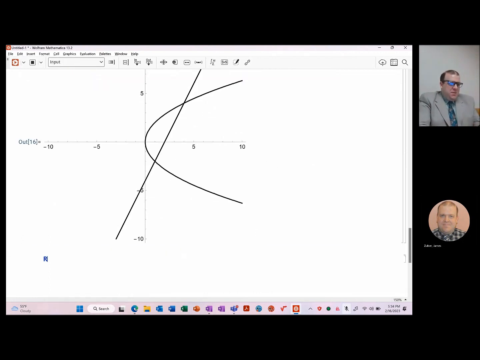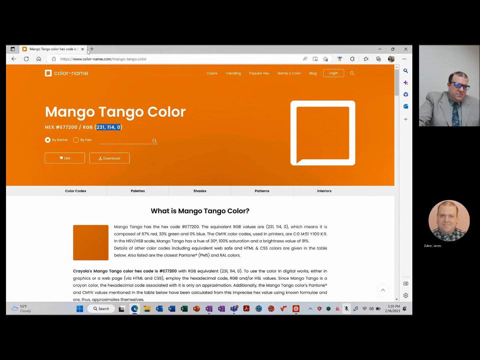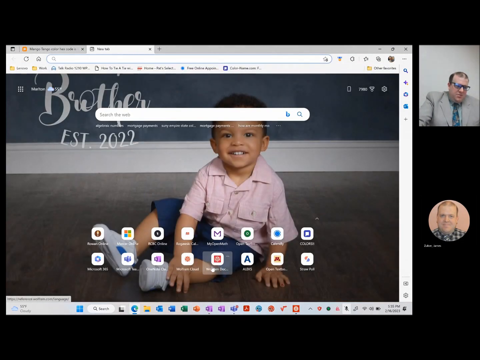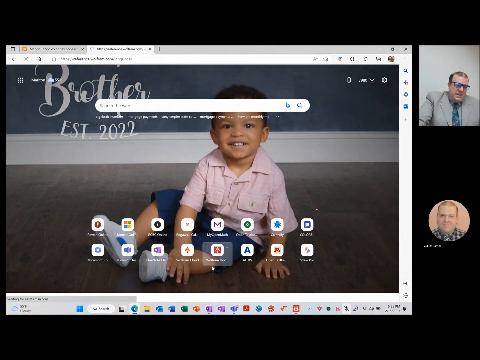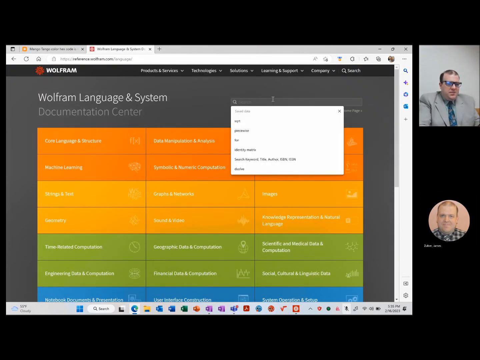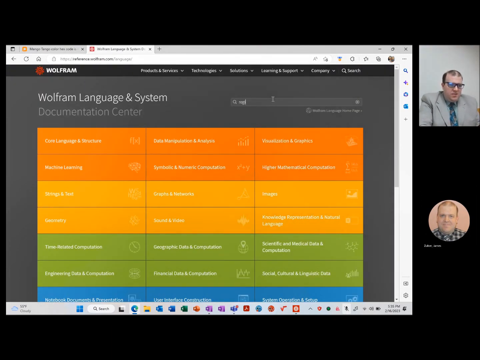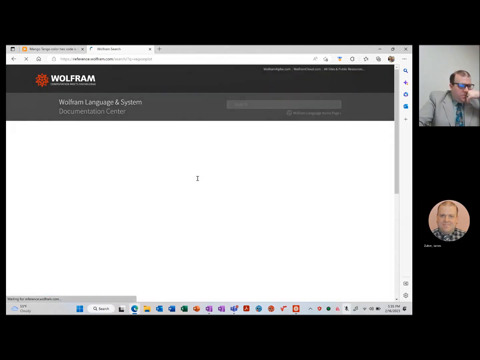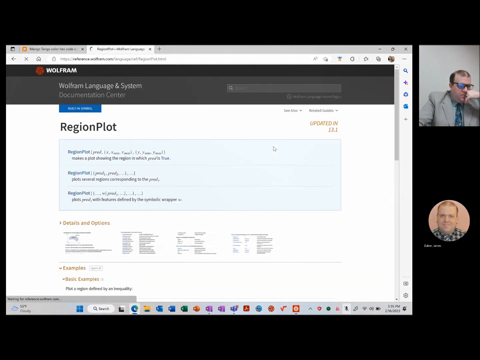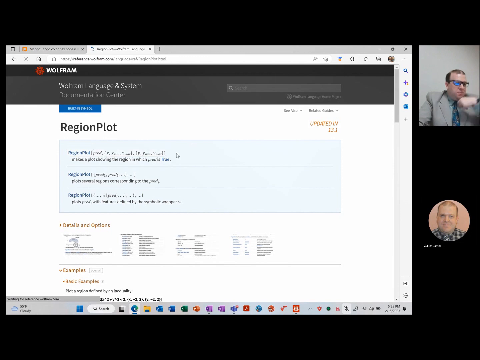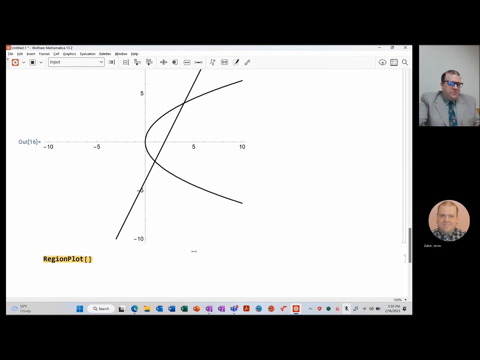I'm going to see if I remember the region plot command. Let me look it up. I think I can use this, and I think it's going to be nice. Yep, I have to pick an x. Perfect.